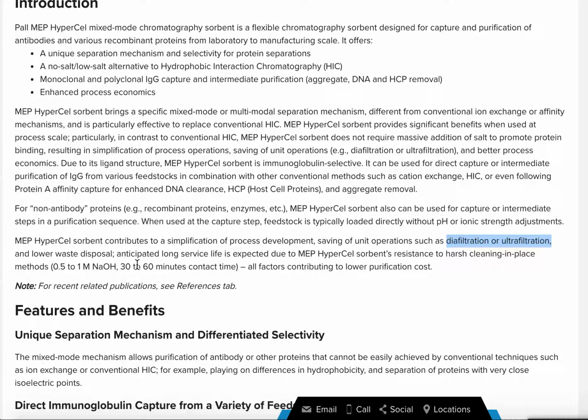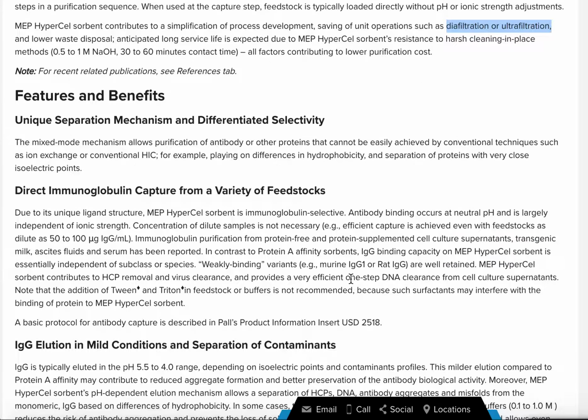Long service life is expected due to MEP HyperCel sorbent's resistance to harsh cleaning in place methods, 0.5 to 1 molar NaOH, 30 to 60-minute contact time, all factors contributing to lower purification cost.